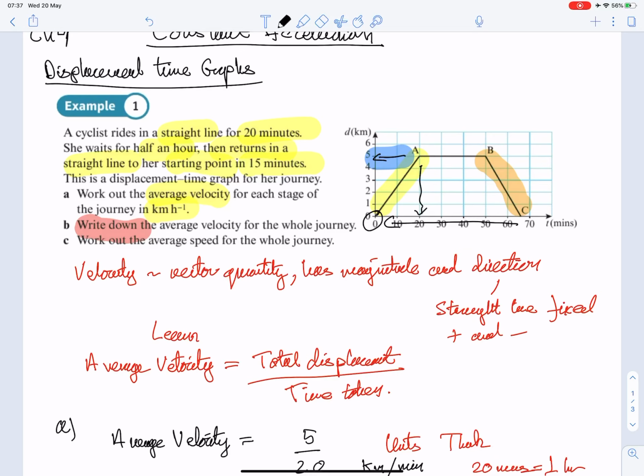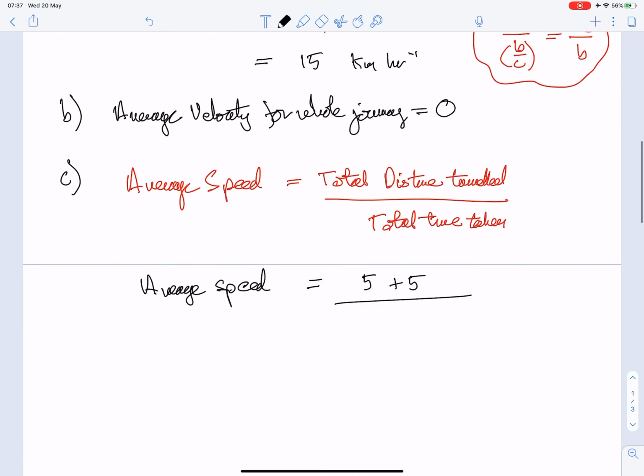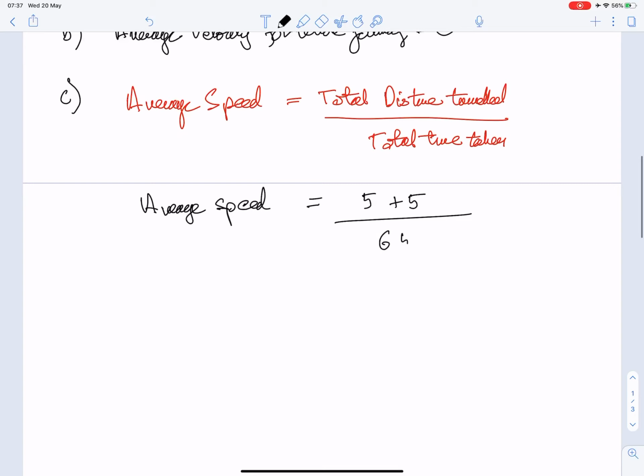The total time is 65 minutes, so that's kilometres per minute, but we want to convert it to hours. 65 minutes is equal to 13 over 12 hours, 1 1/12 of an hour.